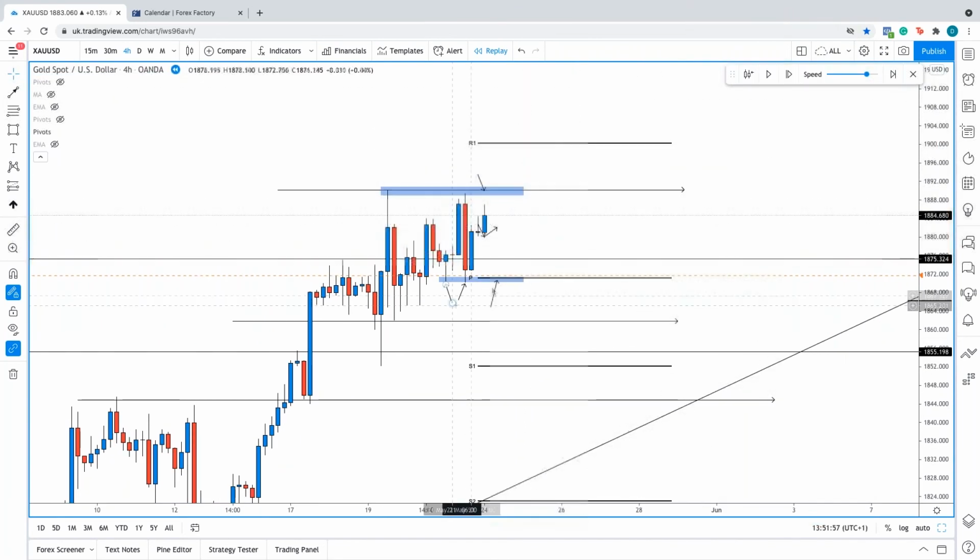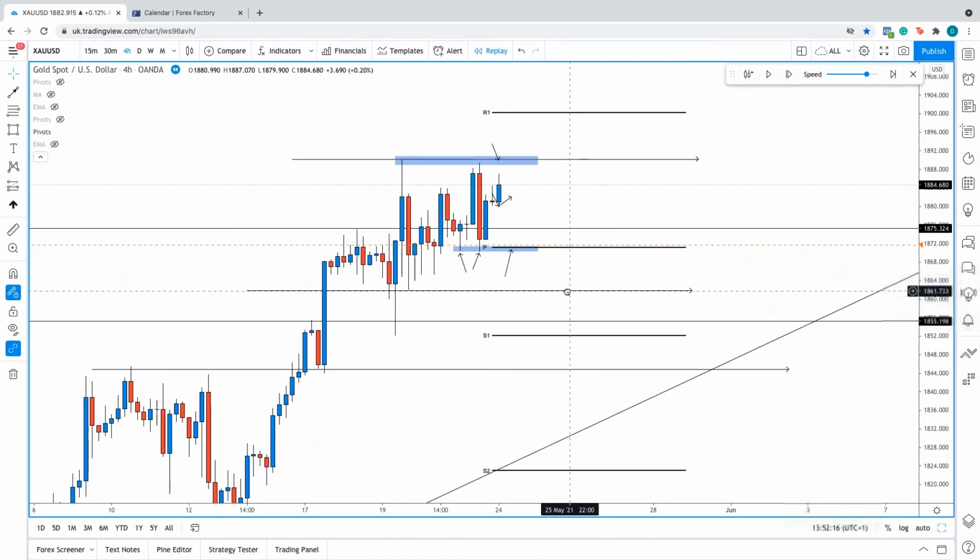What we can see there immediately, we've got the intra-week pivot coinciding with this region here. And this is also where we had yesterday's S1 level. So it can provide you with further confluence as well. We've got R1 up above, S1 down below, and it just provides you with confluence.